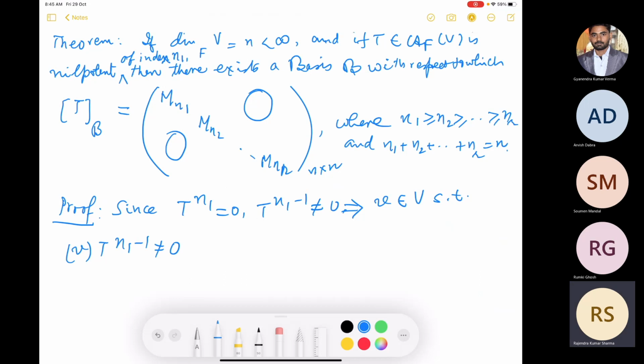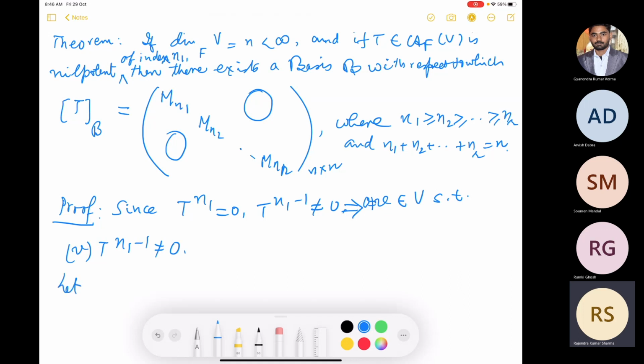Obviously v is not 0, because this would be 0 otherwise for any linear transformation.